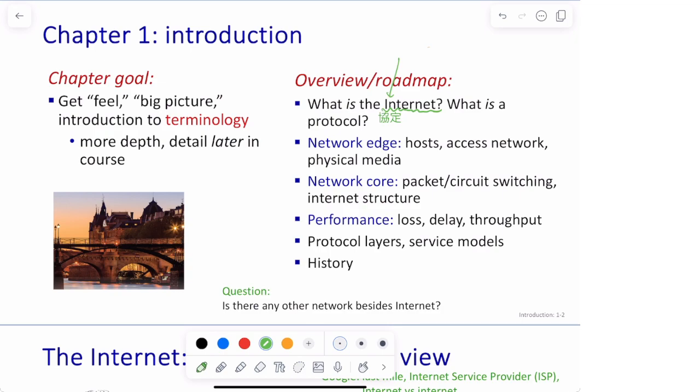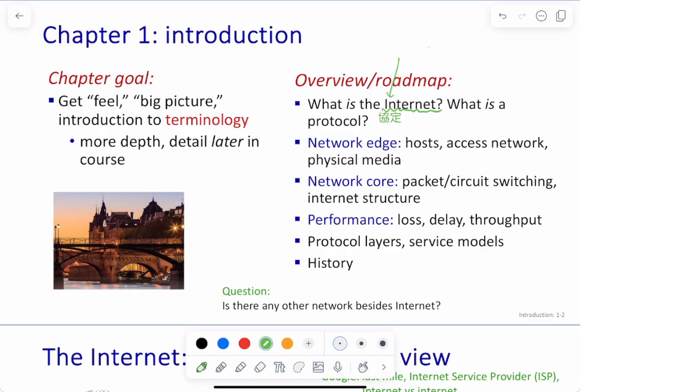So those devices are network edge. But there are some devices, for example, routers. They connect different devices and different networks together, and those routers are not something you can touch, right? So basically, we can use this simple rule to distinguish devices of the network edge and devices of the network core.